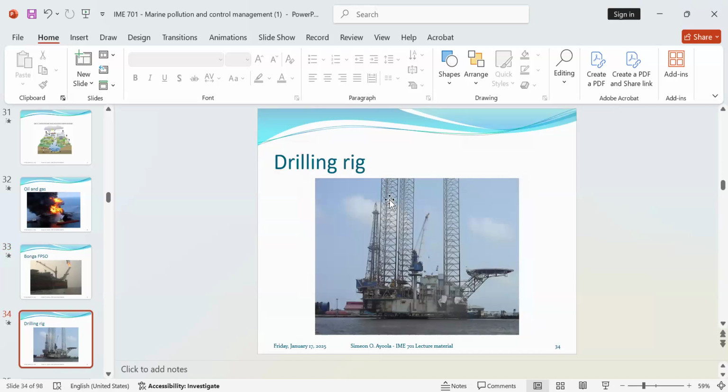So this is a drilling rig. In the process, there may be oil spillage, and at the same time, they also release some carbon monoxide into the air, which also pollutes the atmosphere and affects the aquatic organisms in the water body.